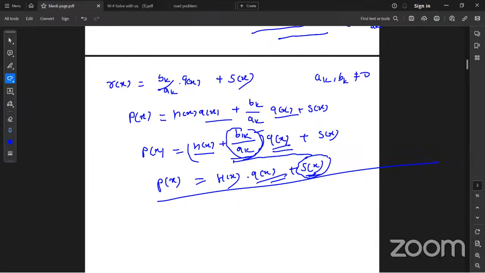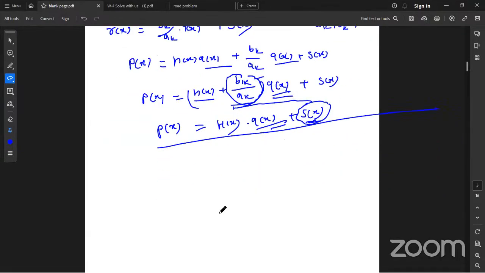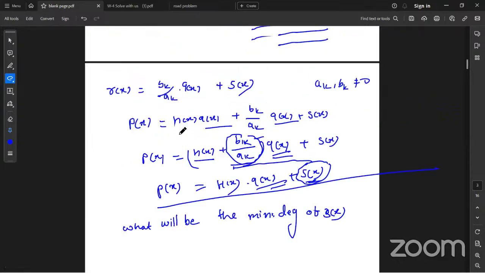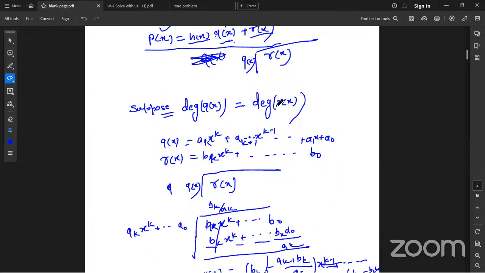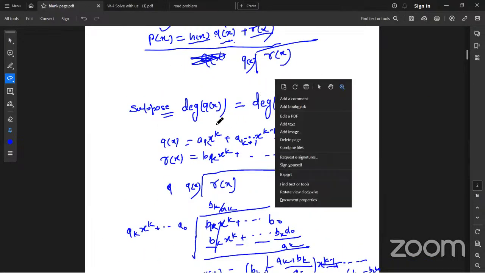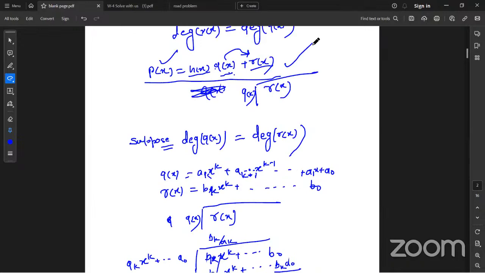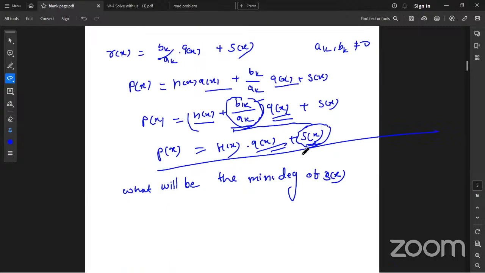Here two questions arise. The first question is: what will be the minimum degree of Rx, sorry, Sx, if you are considering this case?